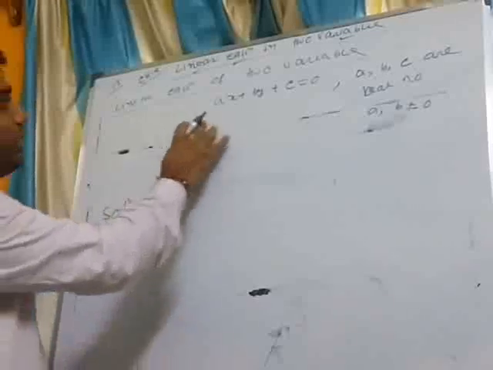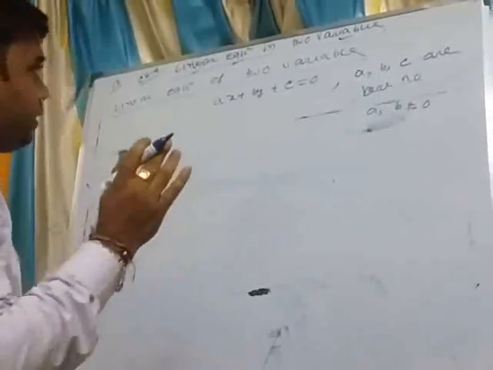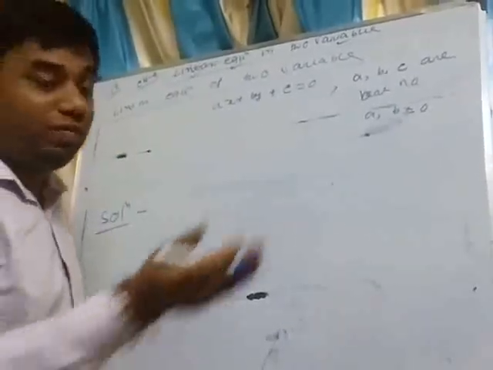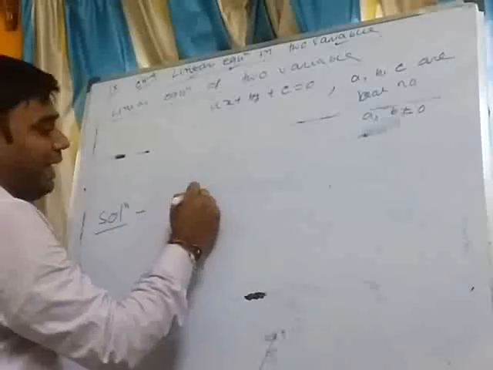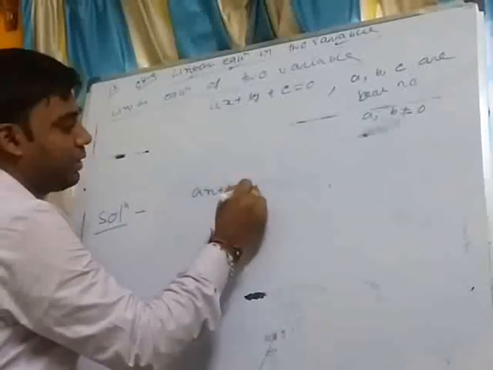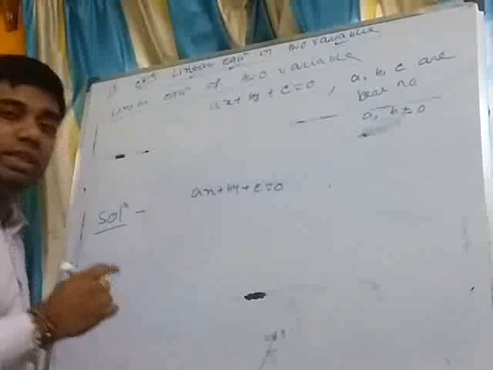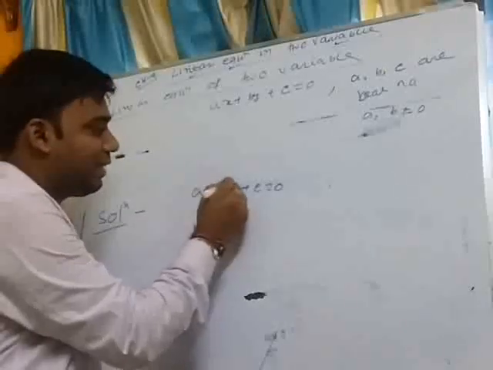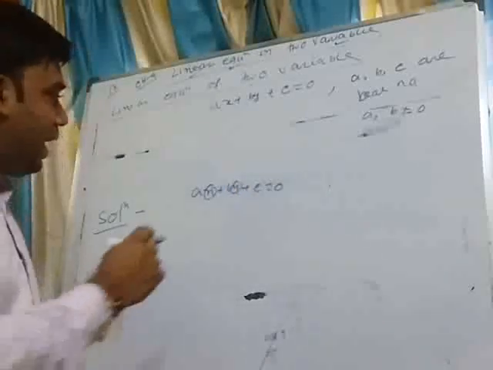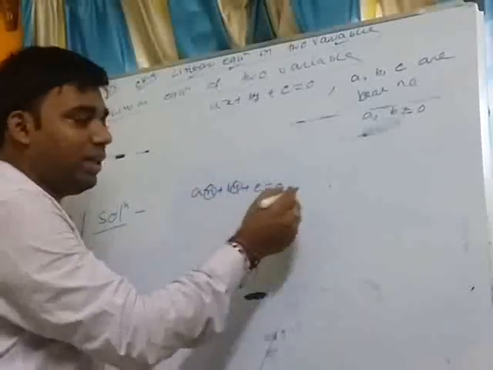Now the next topic is the solution of the equation, how to solve a linear equation in two variables. ax plus by plus c equal to 0 is the linear equation in two variables. Two variables means how many variables are there? x and y. That's why two variables, and a, b, c are real numbers.